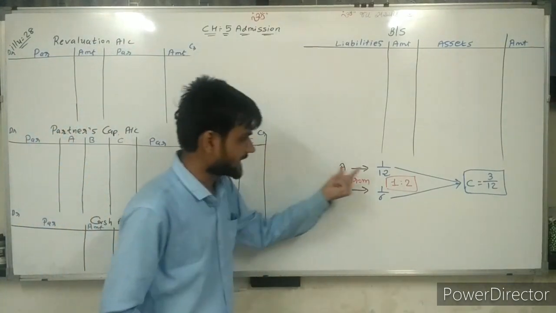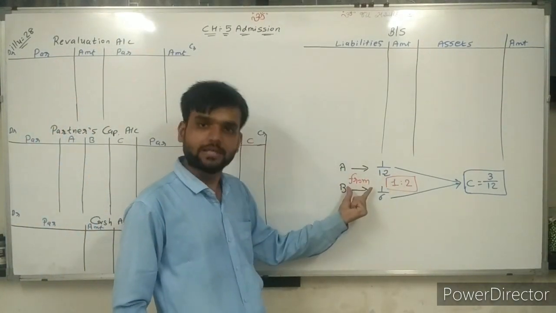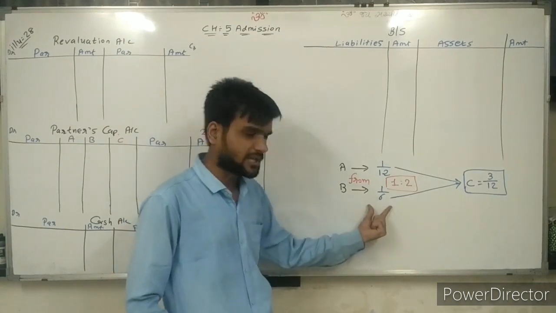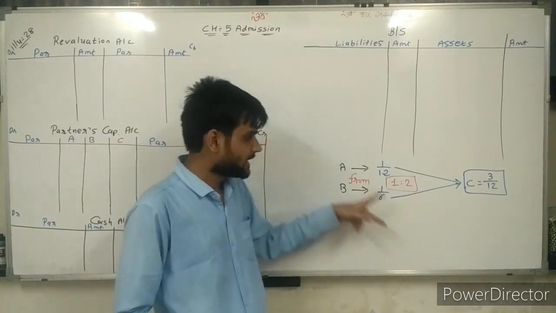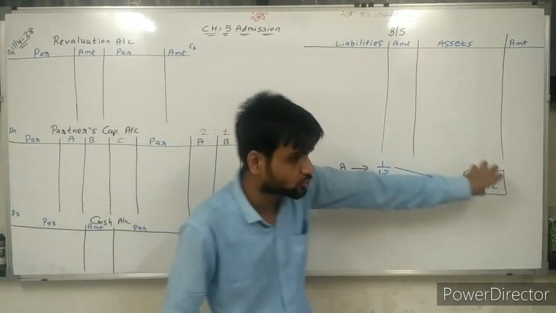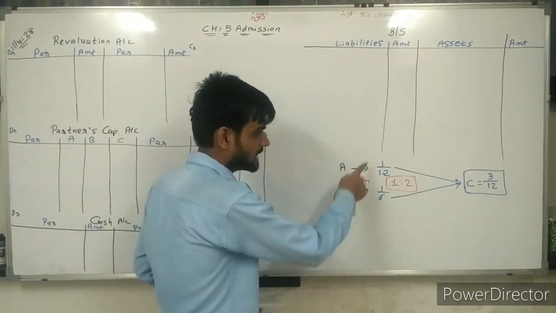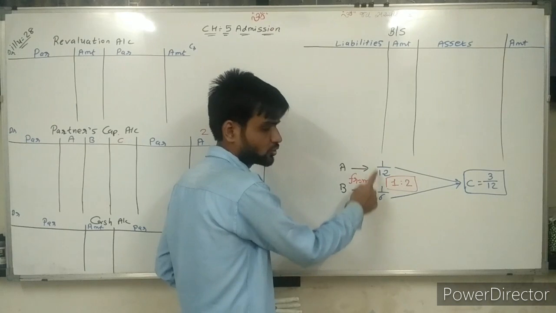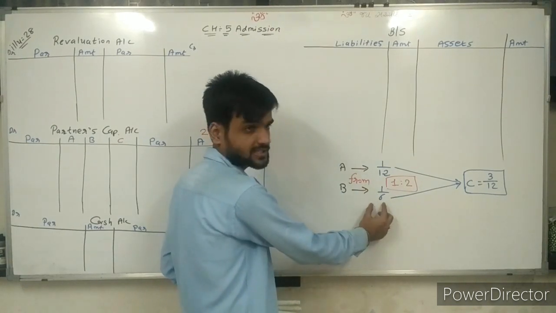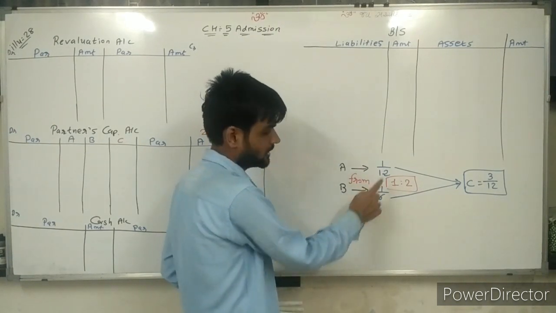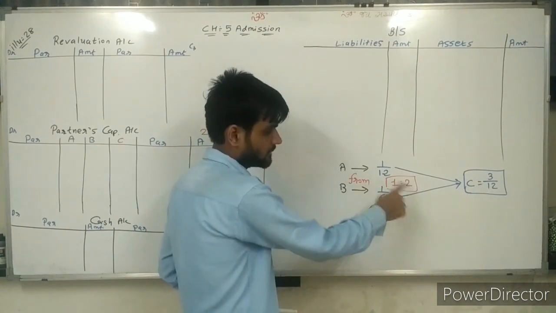So A sacrificed 1/12 from his share, B sacrificed 1/6 from his share. It means this share is given to C, the total of these two is given to C, and the sacrifice made by these two is 1:2. So why 2? Because here 6 is given, here the denominator 12 is given. To make it 12, multiply by 2.